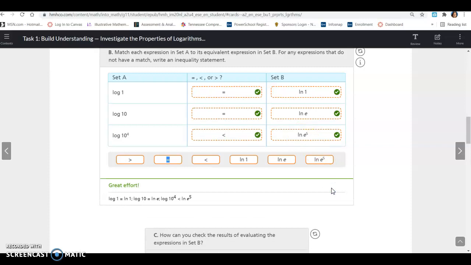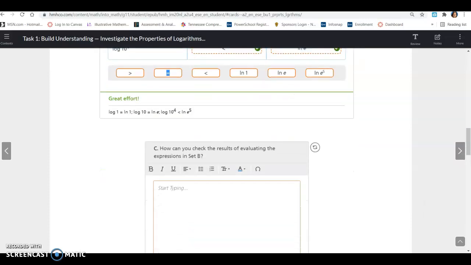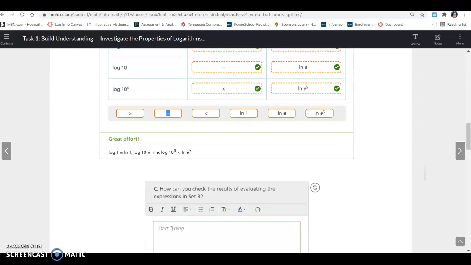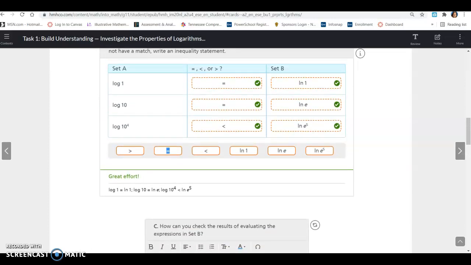And that's just comparing expressions to see if they are equivalent. How can you check the results of evaluating the expressions in set B? Well, you could just use your calculator to double check those.